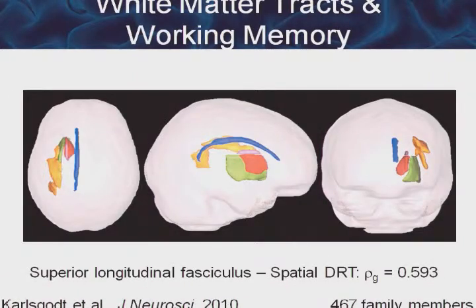There was another paper that we did which was much more basic, which basically said, okay, we want to look at the FA values in the superior longitudinal fasciculus and performance on a delay response task that was shown to be associated with schizophrenia.